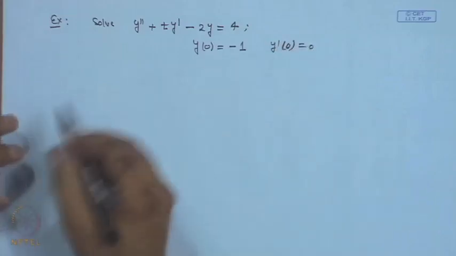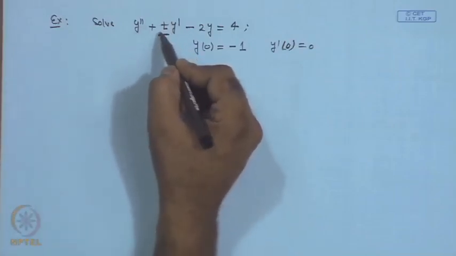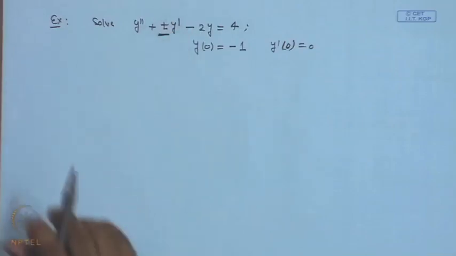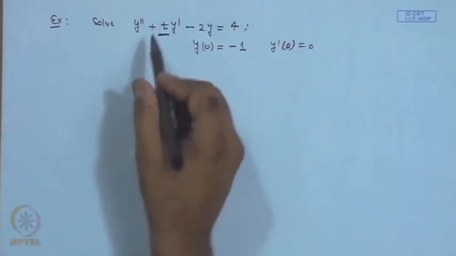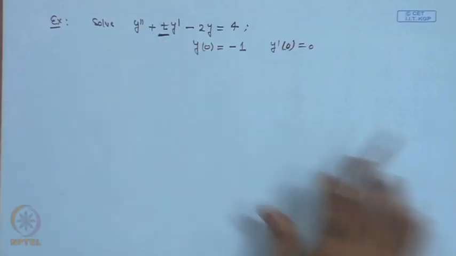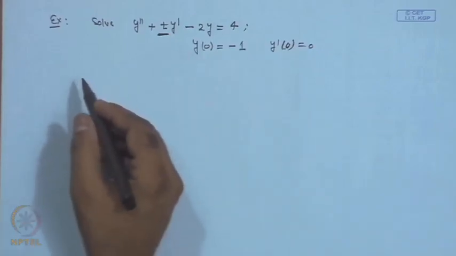Here the coefficients are not constant anymore, but they are polynomial in t. The procedure is the same, but now this time we will get an ordinary differential equation rather than a simple algebraic equation.